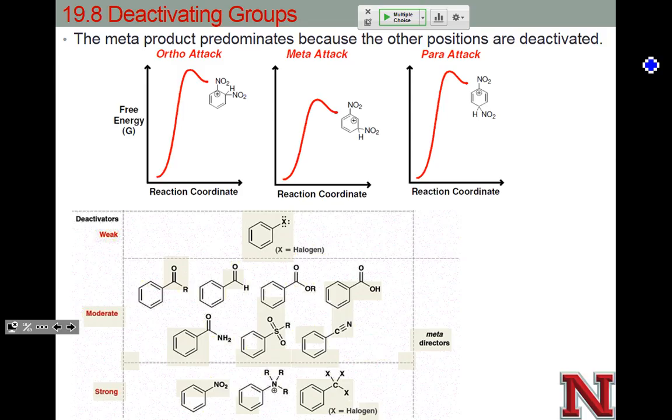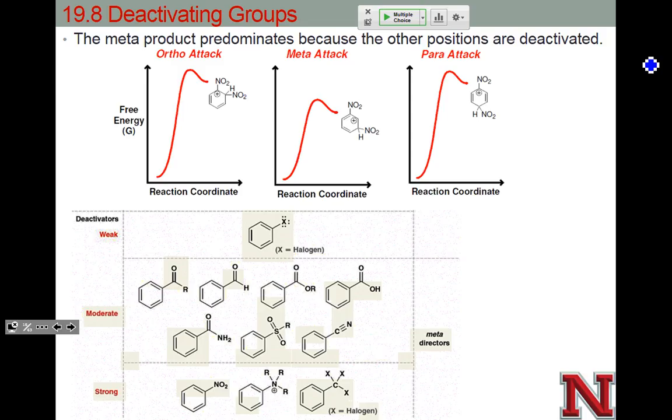Now notice one thing with all of these, the atom directly attached to the benzene ring does not have a lone pair. So it can only pull electron density away based on induction. It cannot give electron density to the ring. So we don't have any lone pairs on the atoms that are directly attached to the ring. So these are meta-directors.